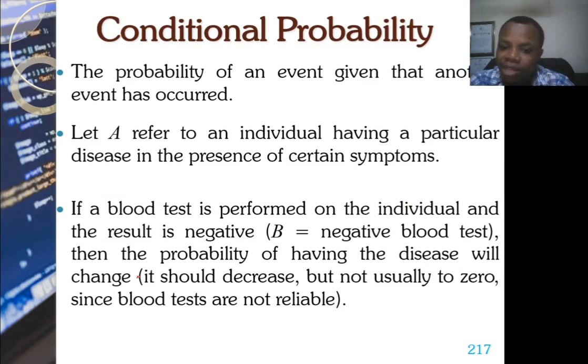That does not mean that the person does not have COVID-19, but the fact that you don't have any fever means that the chances of you having COVID-19 are less. But that does not mean that you don't have COVID-19. You could have other symptoms.